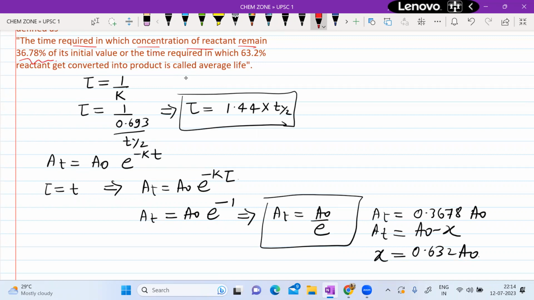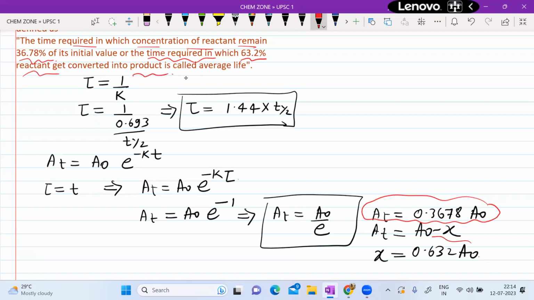You can see that 36.78% reactant will remain after average life, usually used for radioactive decay, or the time required in which 63.2% reactant gets converted into product.